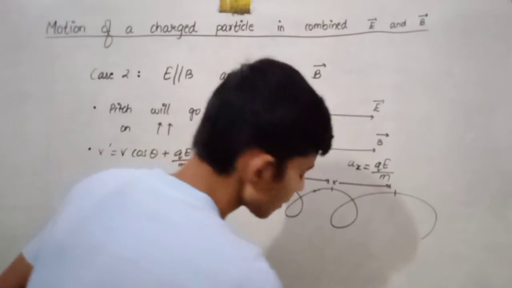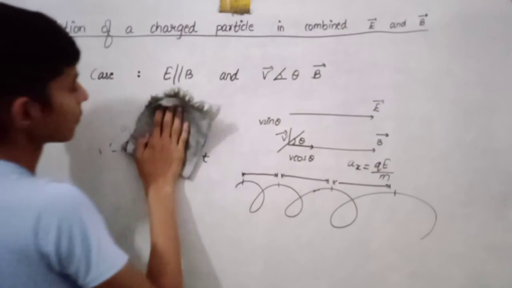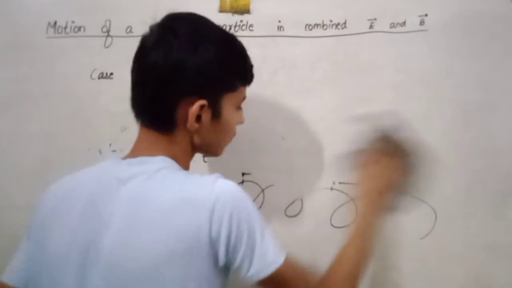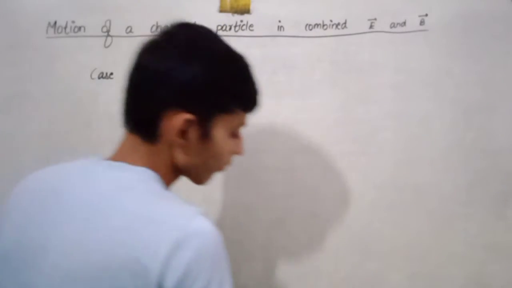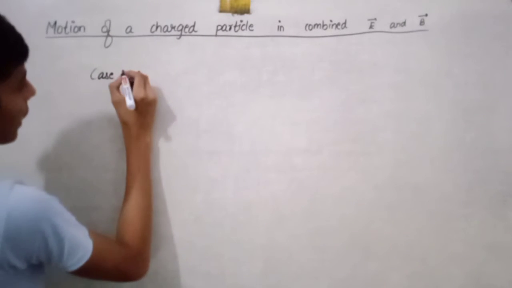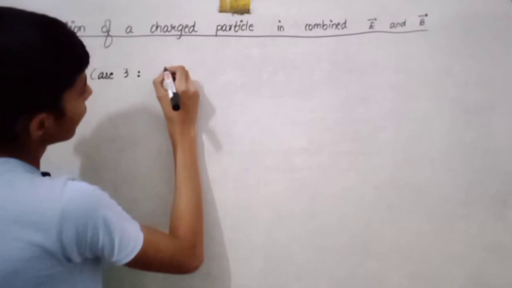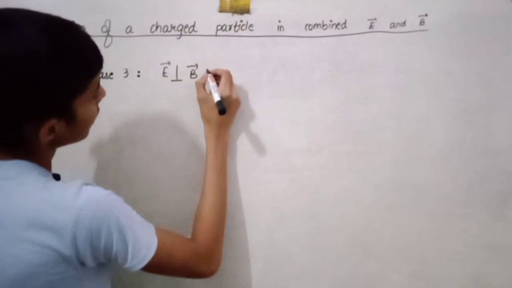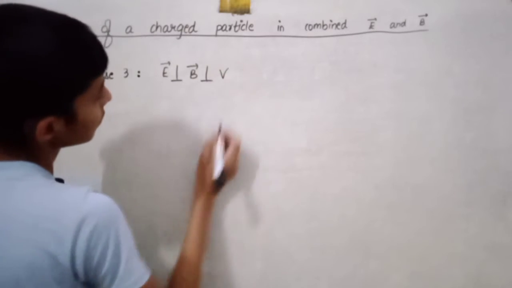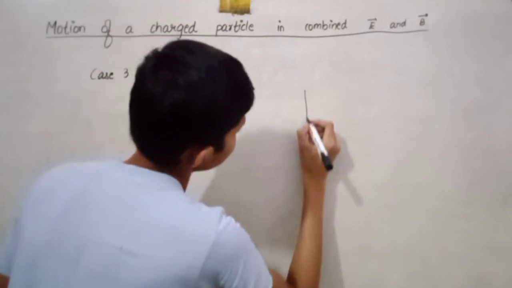Now our third case is when electric field is perpendicular to magnetic field and perpendicular to velocity vector, like this.